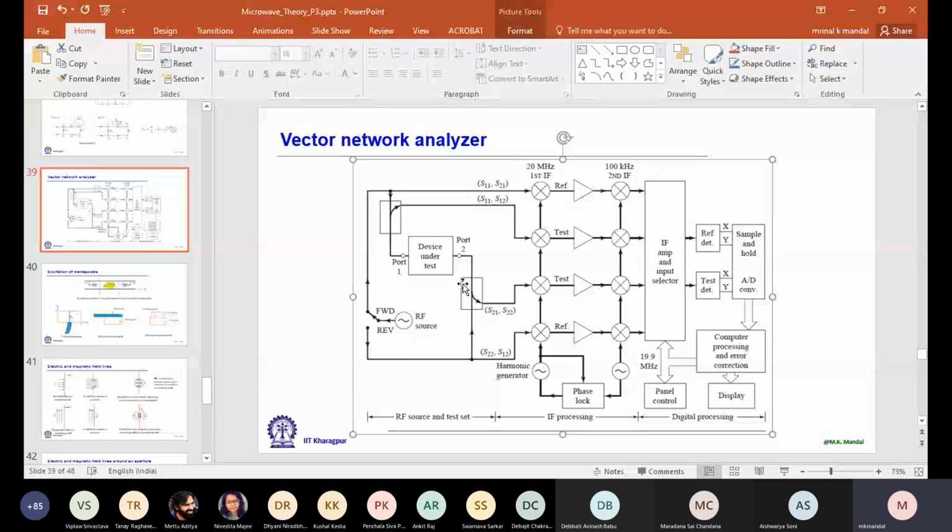For that, there are different methods. One of them, which you will be using in the lab, is called short, open, load, through. We need 4 external known devices. One is a short-circuited plane, an open-circuited plane, a load, usually a 50 ohm load, and a through. That means just a section of a transmission line.